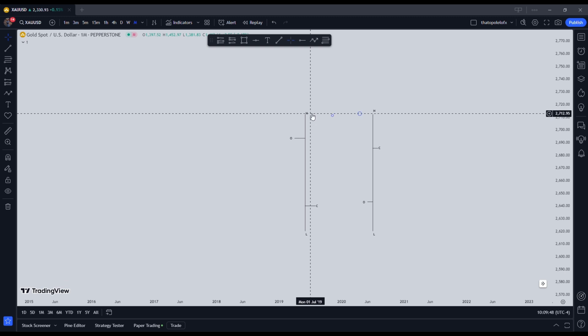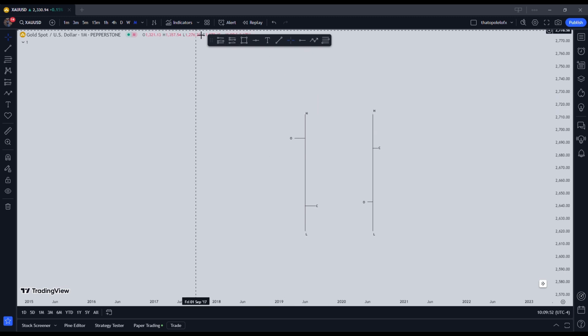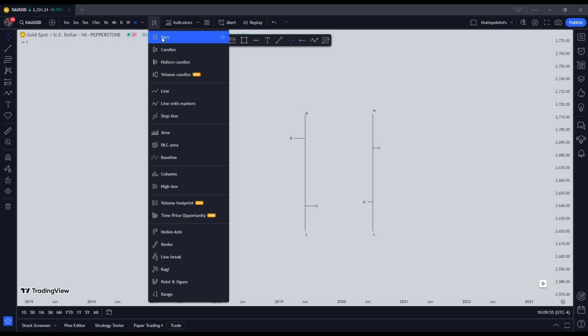In order for you to understand the power of three, it's best that we understand the bar charts. In our trading platform, TradingView, you should click on the bar chart.